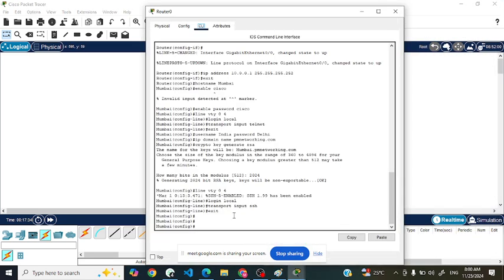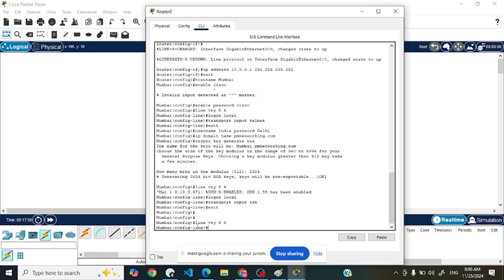Now let me show you one other case. Line VTY 0 to 4, and I am removing this command transport input SSH. So no transport input SSH.